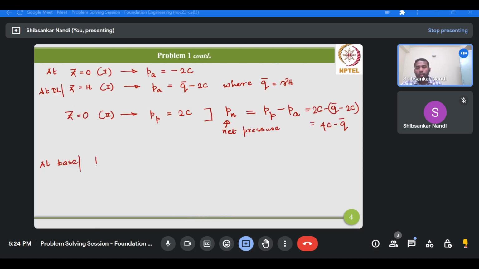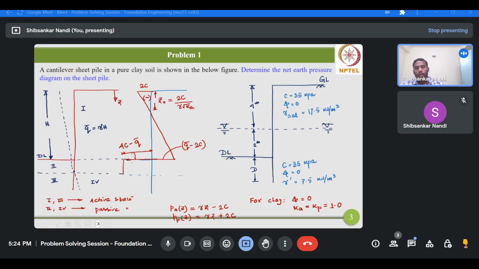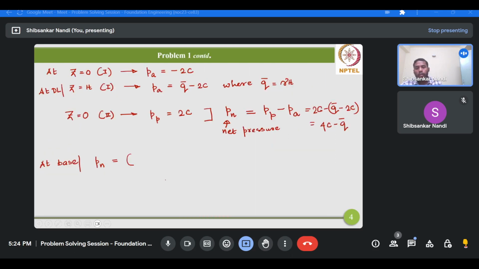This Pn would be basically Pp from the right side, from region 4, minus Pa from region 3: Pp4 minus Pa3.